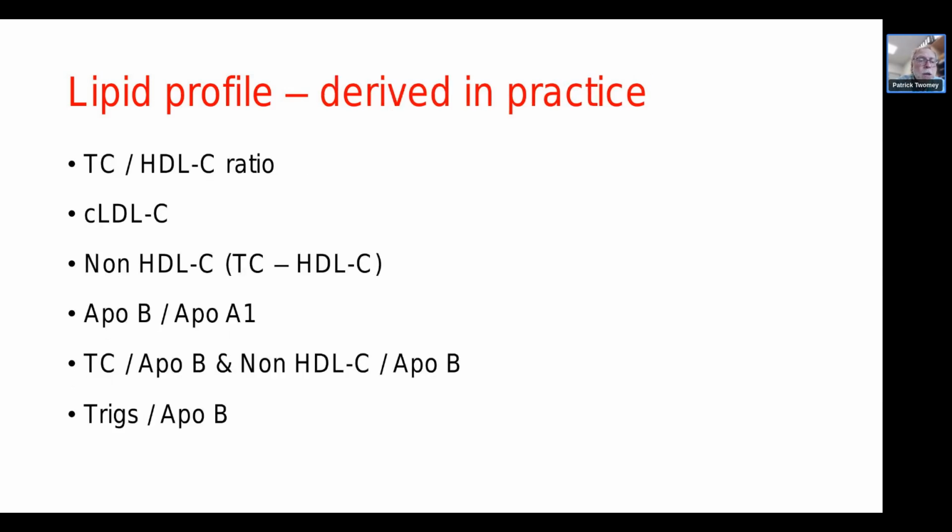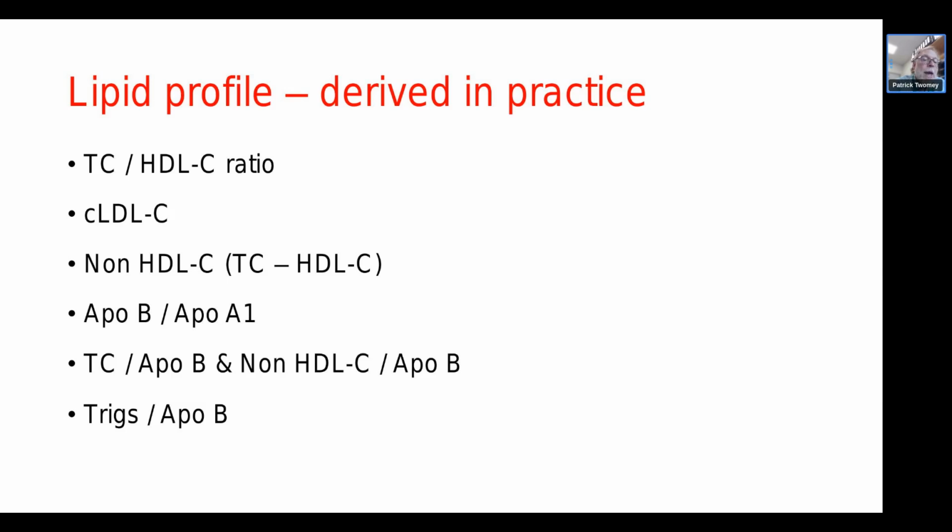So, obviously, depending on what's measured, that then goes on to determine what you can derive in practice. Quite common in the UK and other parts of the world, following on from Framingham, is the total cholesterol to HDL cholesterol ratio. All aware, and it doesn't matter which equation you use, but calculated LDL cholesterol. Then non-HDL cholesterol, very simple: total cholesterol minus HDL cholesterol.